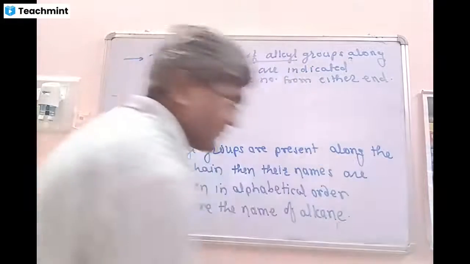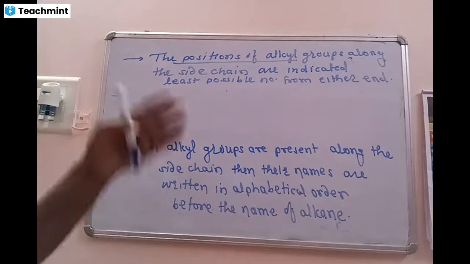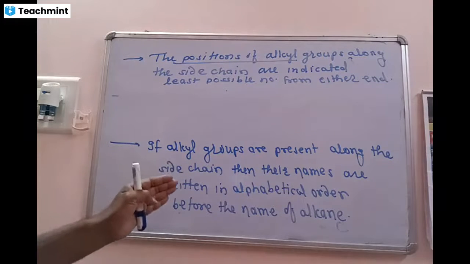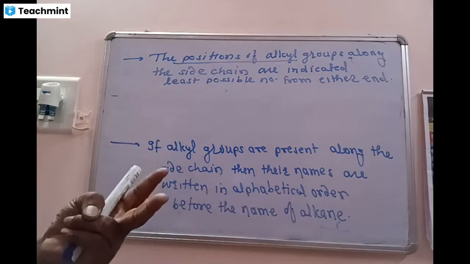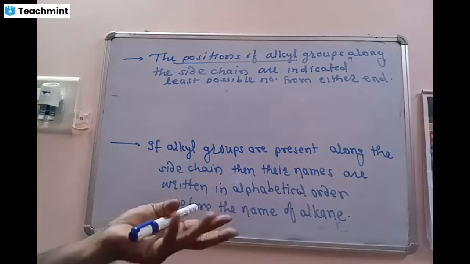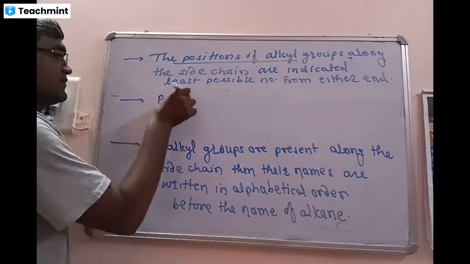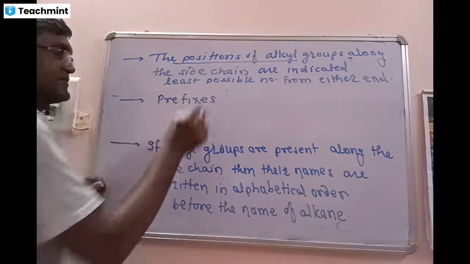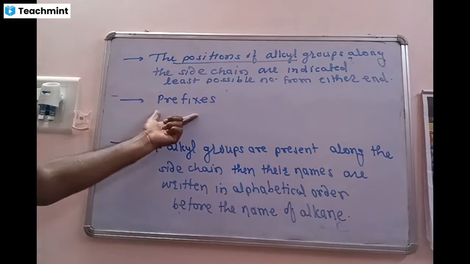Now, if the same alkyl group is repetitively present along the side chain, for example, 2 methyl groups are there, one of them is on carbon number 2 and other one is on carbon number 4, or 3 methyl groups are there, then prefixes, नाम के पहले लगाते हैं, श्री, सौ, मिस्टर, whatever it may be. So that is called as a prefix.